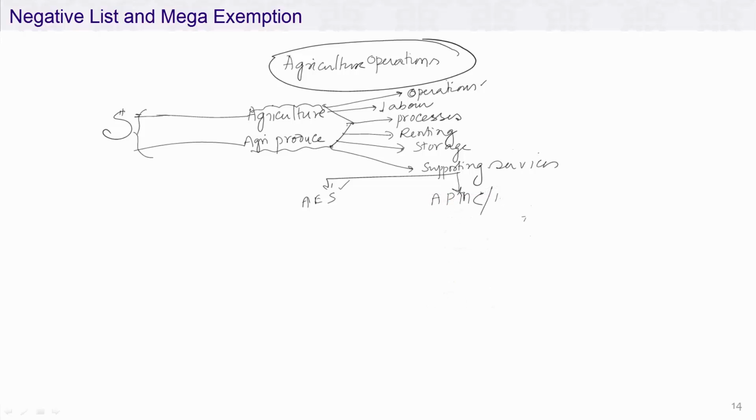So this includes boards also, like coffee board, tea board. Plus agency services. Agency services for buying and selling your agricultural produce.